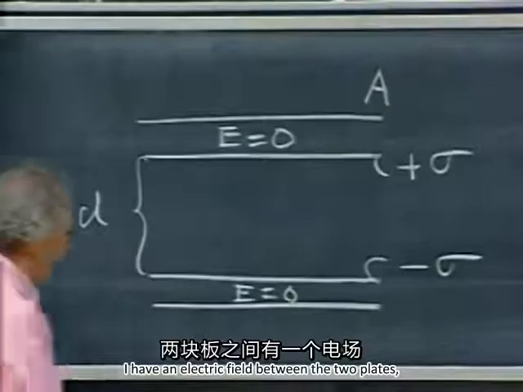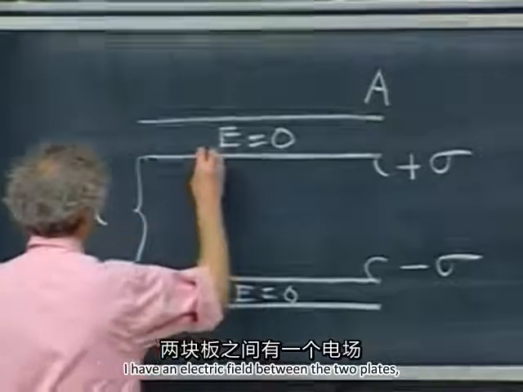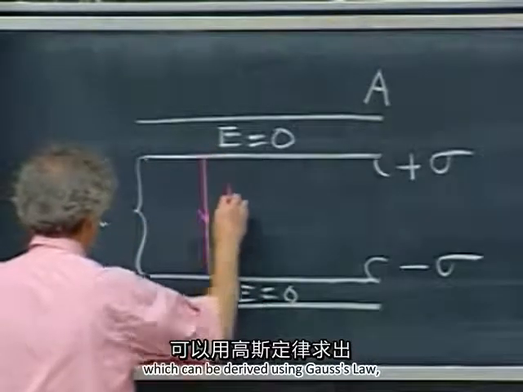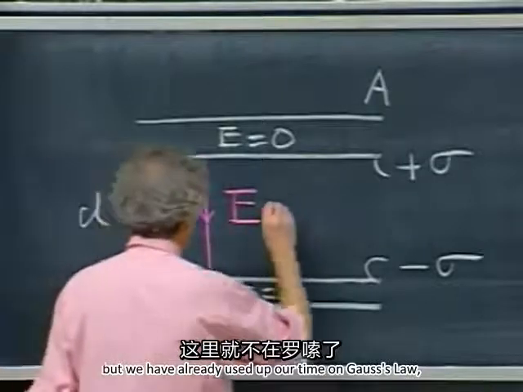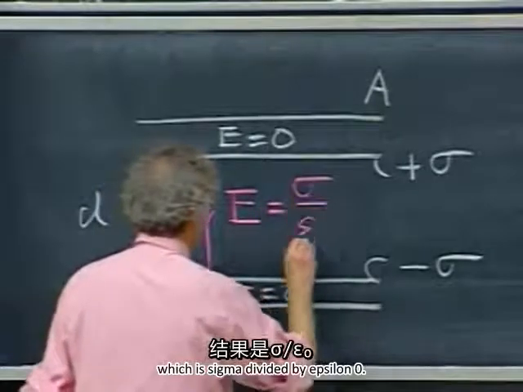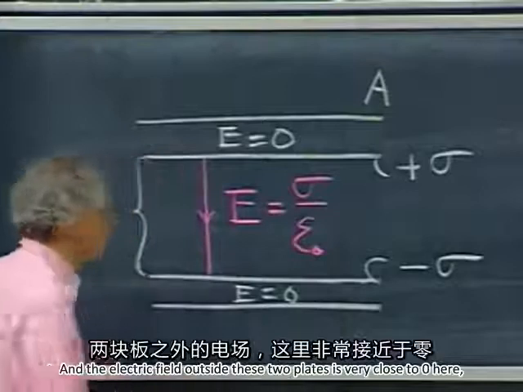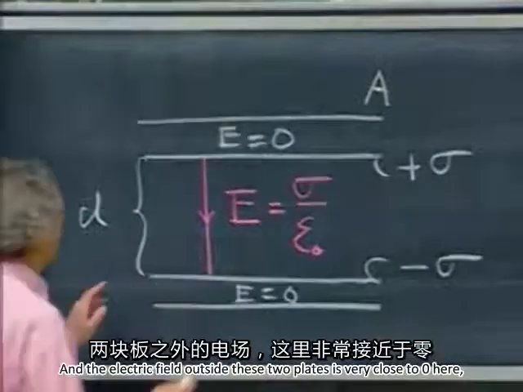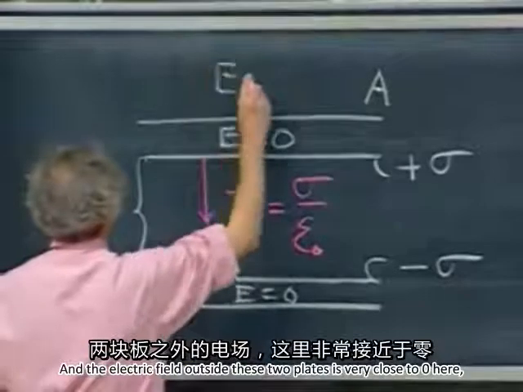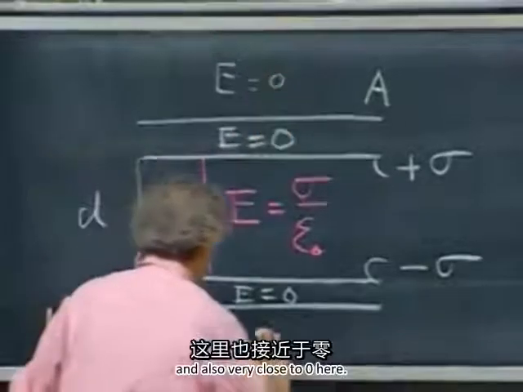I have an electric field between the two plates, which can be derived using Gauss' law, but we have already used up our time on Gauss' law, which is sigma divided by epsilon 0. And the electric field outside these two plates is very close to 0 here, and also very close to 0 here.